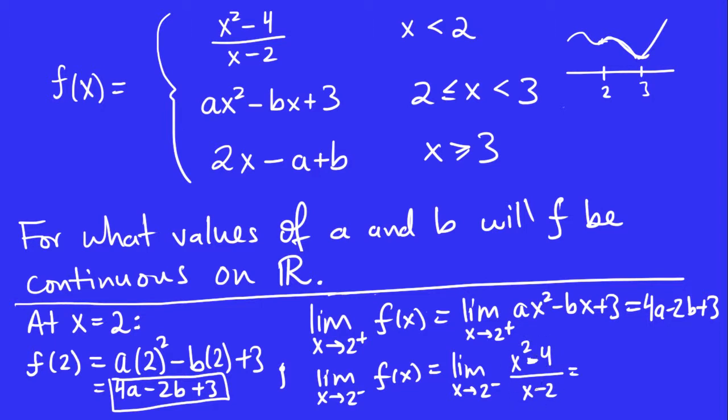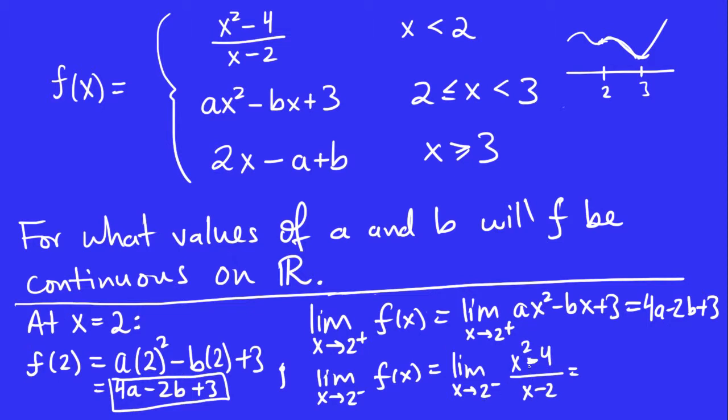Well, this is a rational function, and remember, to do the limit of a rational function, all you have to do is put the number in. But that is only true when the denominator is not 0. When I put 2 in the bottom, I get 2 minus 2 is 0. So this is out of 0, which means that this is an indeterminate form. I'm going to have to think about this a little bit more.